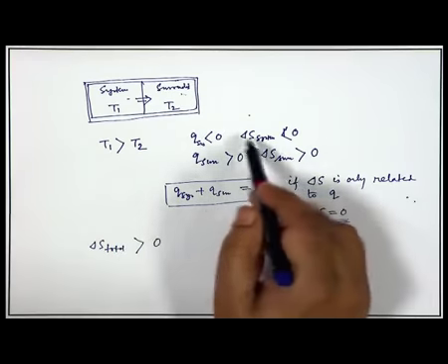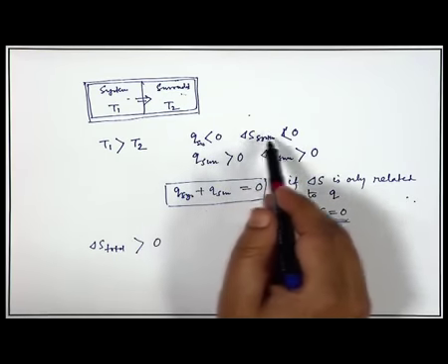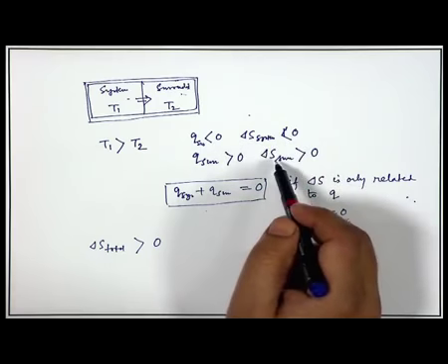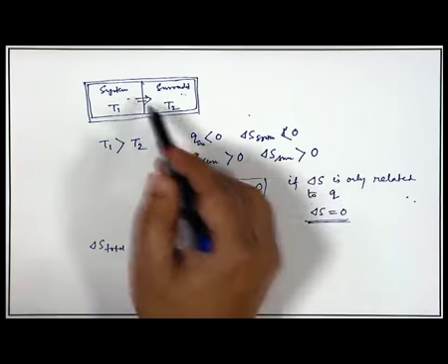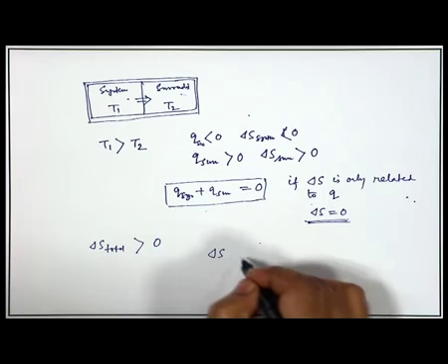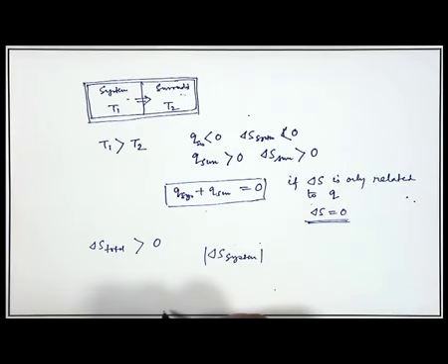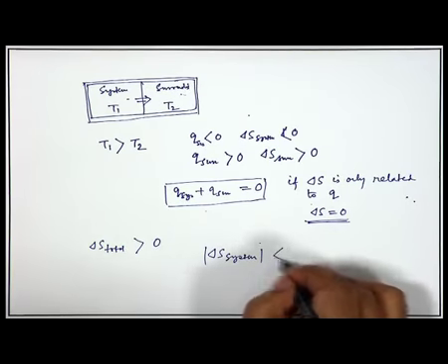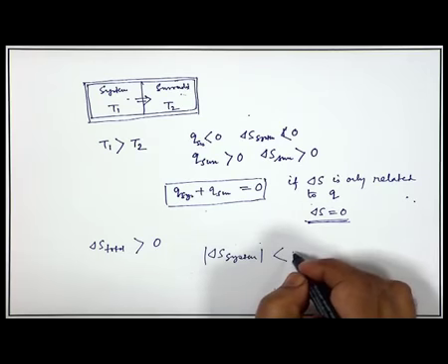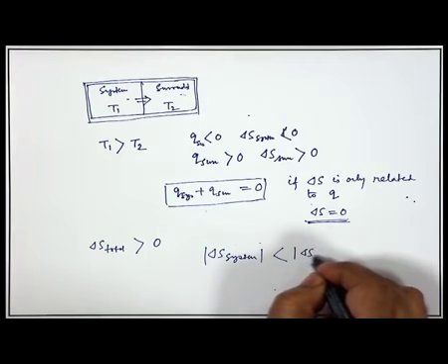Now, if this has to be positive, then delta S system, which is a negative quantity, the magnitude of delta S system has to be lower than delta S surroundings.